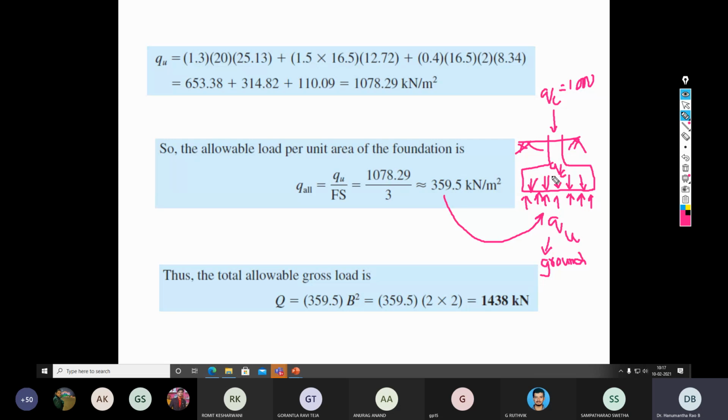If that is not possible, then instead of a shallow foundation, go for a deep foundation, discarding the footing and going for the pile foundation. If even after adopting the pile foundation the bearing capacity of the soil is still less, then you must go for ground improvement. This is how the school of thought goes.